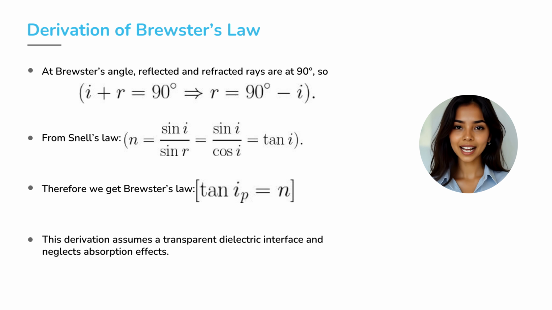Since the refracted angle is 90 degrees minus the incident angle, sine of that is cosine of the incident angle. So, the refractive index equals sine of incident angle divided by cosine of incident angle, which is simply tangent of the incident angle. Voila! We arrive at Brewster's law, where the tangent of the Brewster angle equals the refractive index.